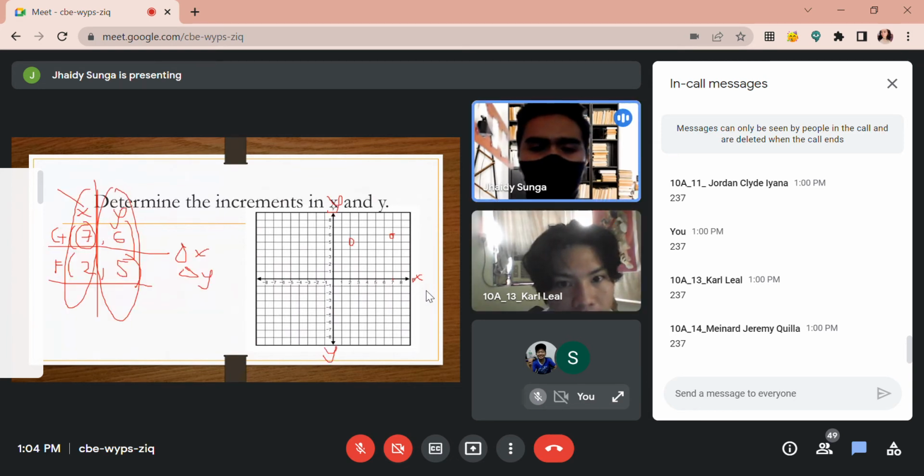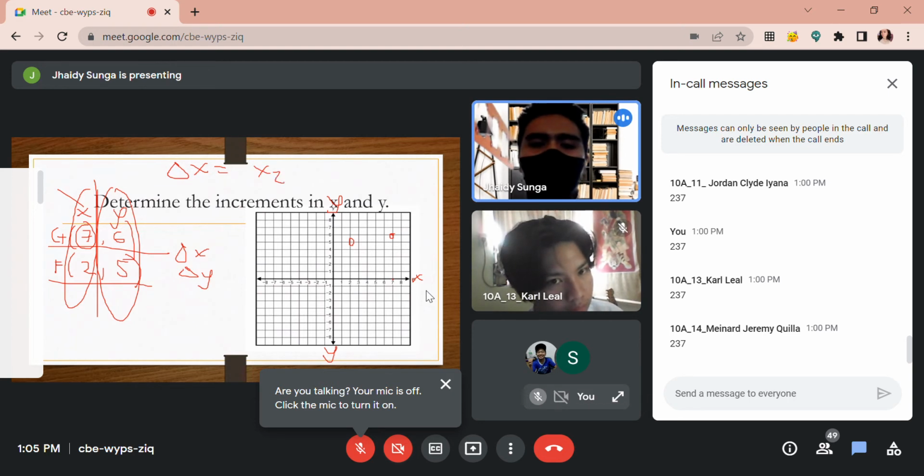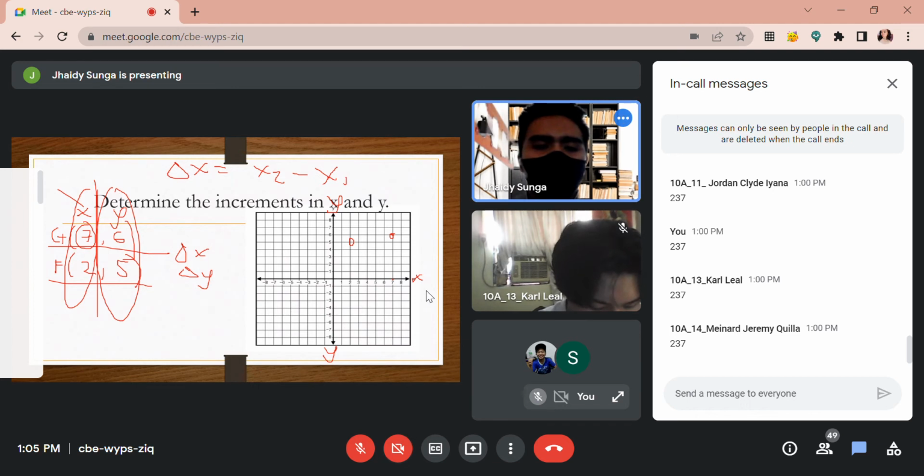Negative 5. Alright, so let us try. What is the formula of delta x? The formula is x sub 2 minus x sub 1. So the answer would be negative 5.